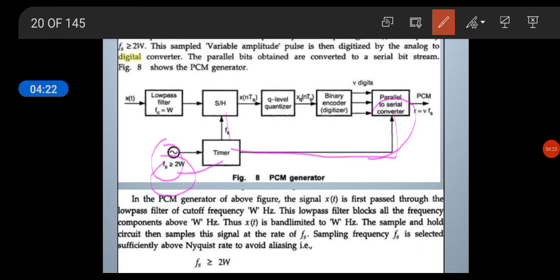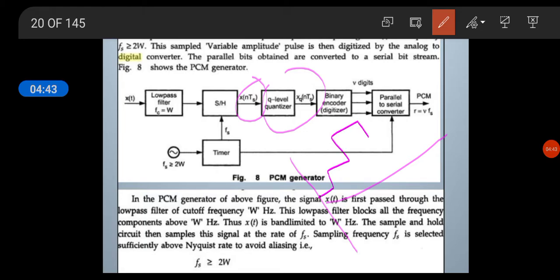Here, if the sampling is performed, the output will be like this. After sampling, the output signal is denoted as x of nTs, x of n into Ts. Then the sampled signal is given to the q level quantizer. In the q level quantizer, the output becomes like a step size. Each level is a q level, and we will have different levels.